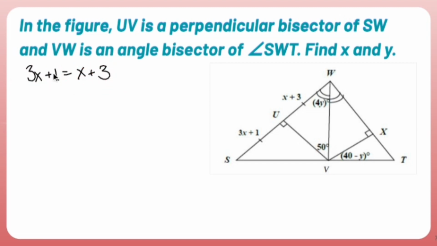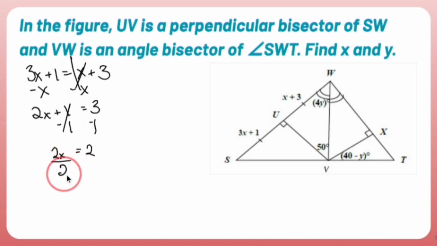Subtract x from both sides. That gets me 2x plus 1 equals 3. Subtract 1 from both sides. 2x equals 2. Divide by 2. x equals 1.